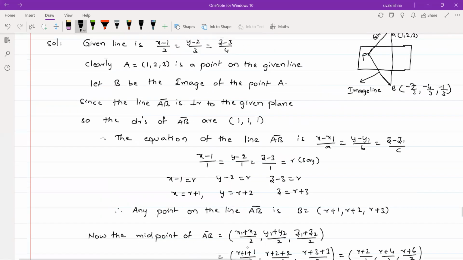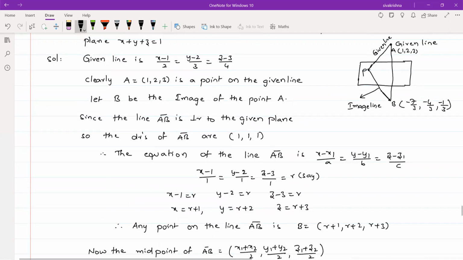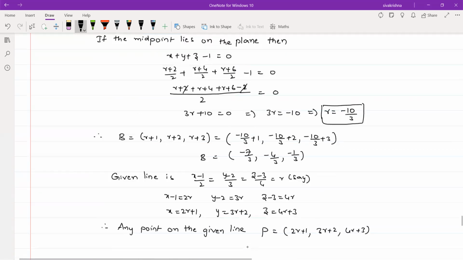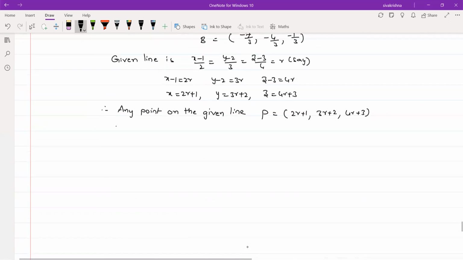If you observe the diagram, clearly that point P lies in the plane. So if P lies in the plane, then we have to substitute this particular point in the given plane equation, that is x + y + z - 1 = 0.